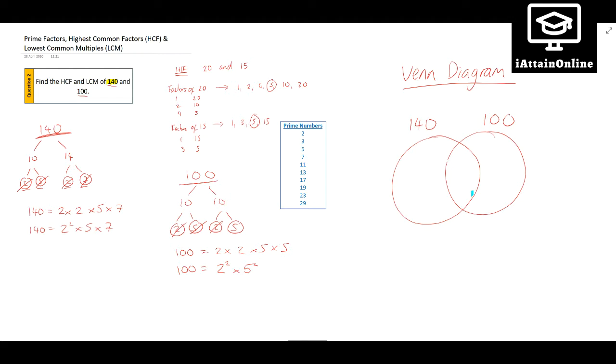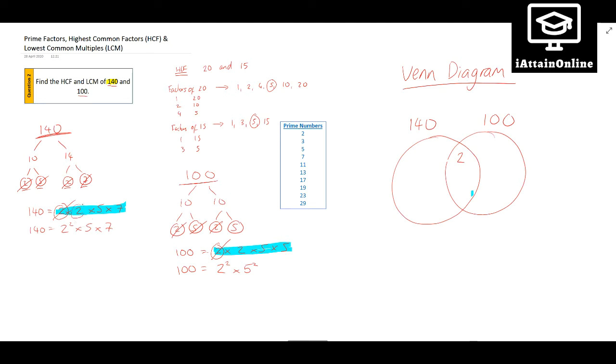So all I'm going to do now is look through this list here and this list here. Any factors that appear in both of them will go in the middle, but only once. So, for example, this 2 and this 2 are common to both of them. So I'm going to cross them out and write them in the middle once, in the overlap.